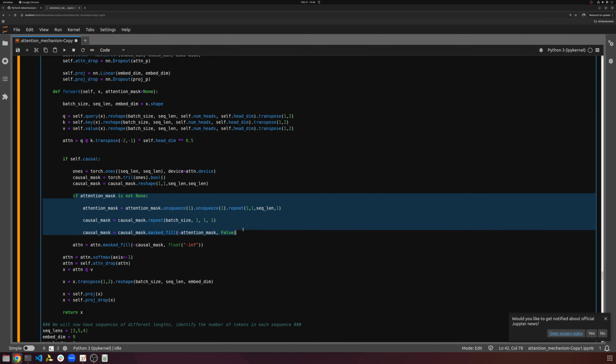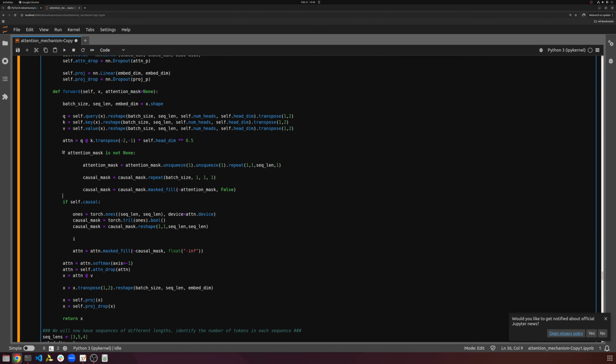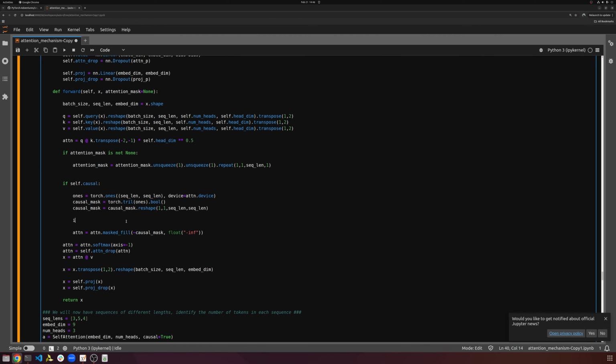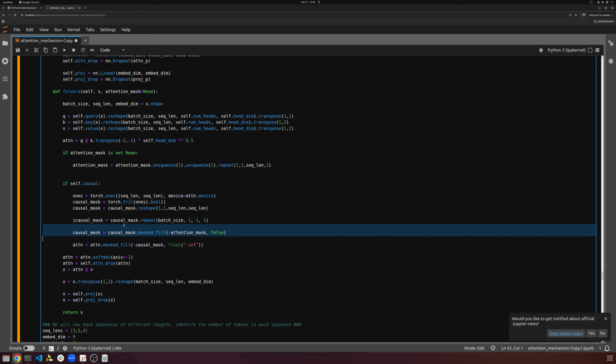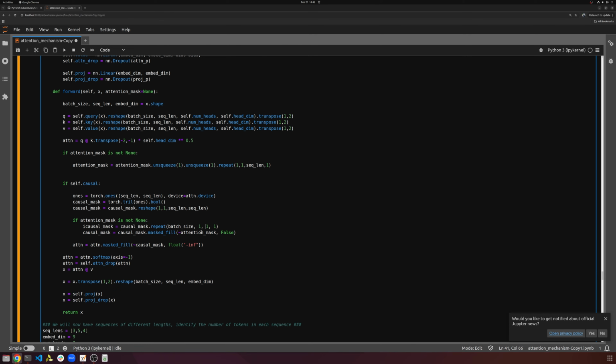Maybe a better way to implement this would be to stick if attention mask is not none, then we do all this stuff with the attention mask. And then we will have another one right here. And we can do if attention mask is not none, then we're going to go ahead and update the causal mask with that new attention mask.